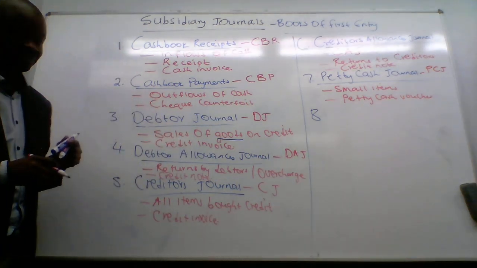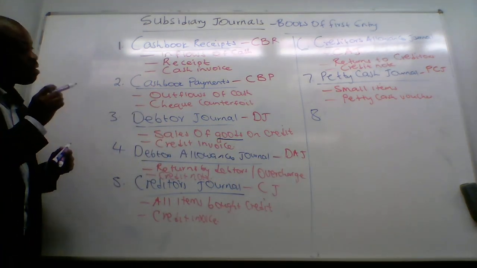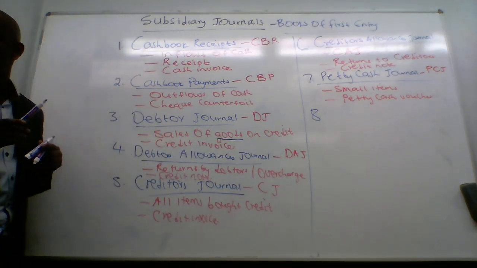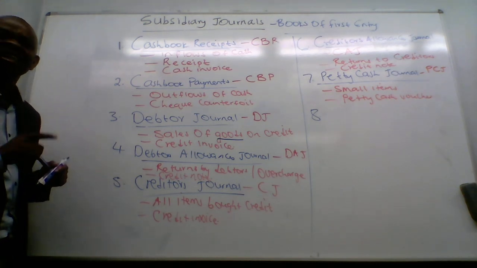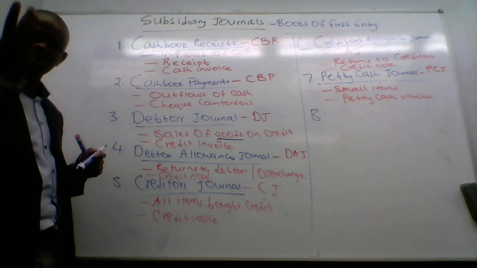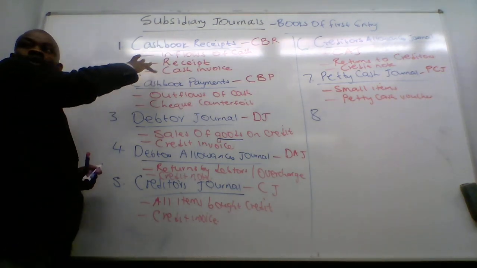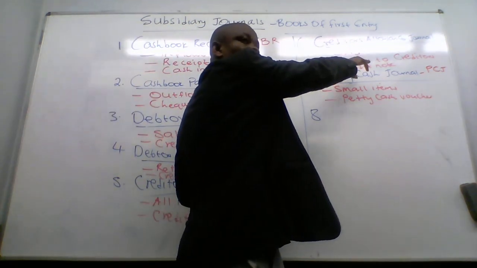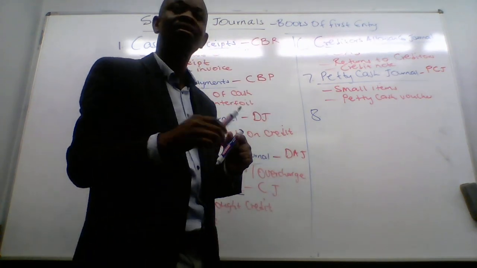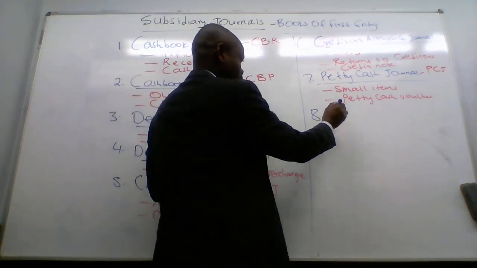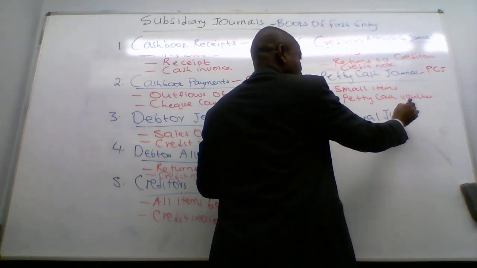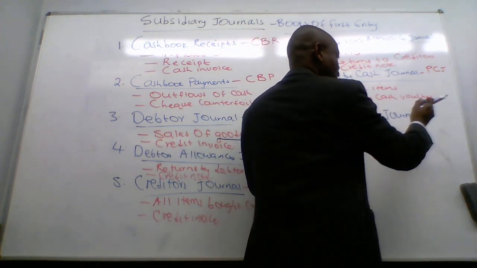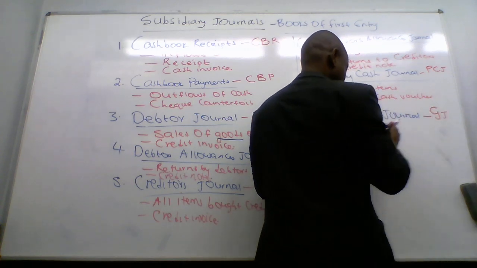Okay. Let me finish. This is boring. Sometimes when you record, guys, you're going to find in the exam that one or two of the transactions cannot be recorded in any of these. There's only one option. What is that called? The general journal, or you can call it GJ.